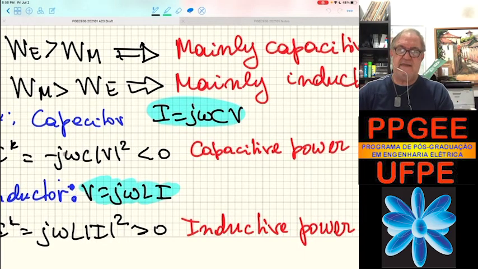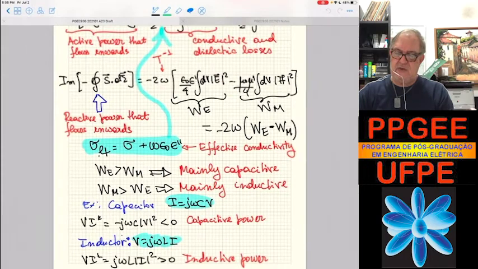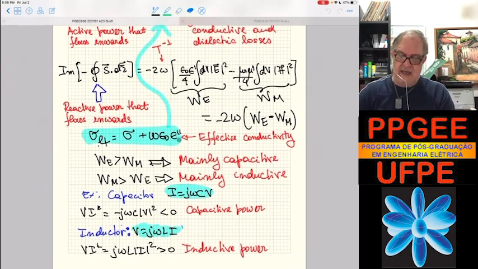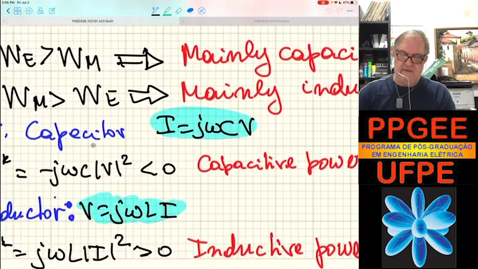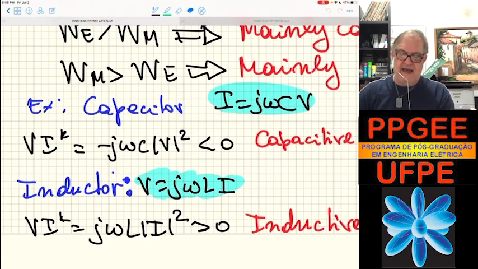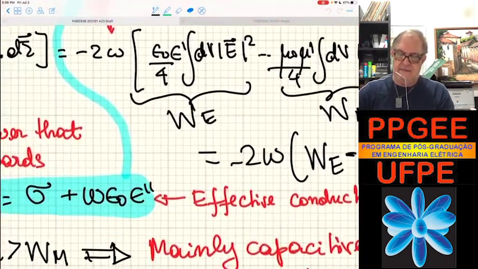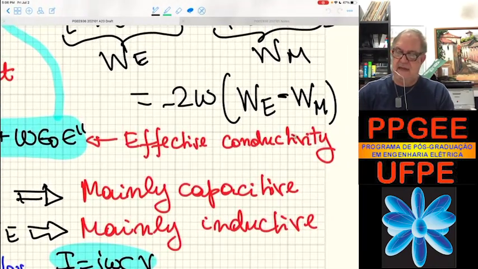So the power is negative as shown here. WE larger than WM, negative. On the other hand, if it's an inductor, V equals j omega L I, right? And VI conjugate is going to be a positive imaginary part, which means WM larger than WE, so it makes sense. Okay?